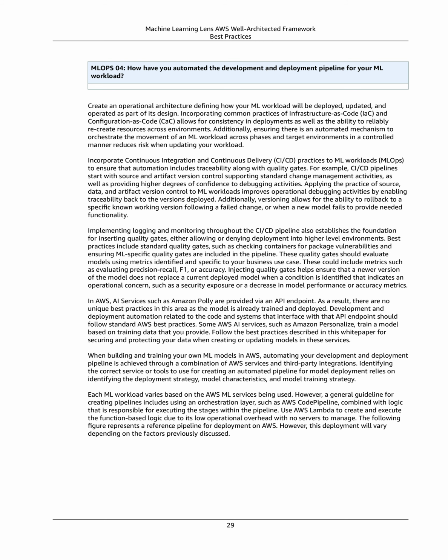When building and training your own ML models in AWS, automating your development and deployment pipeline is achieved through a combination of AWS services and third-party integrations. Identifying the correct service or tools to use for creating an automated pipeline for model deployment relies on identifying the deployment strategy, model characteristics, and model training strategy. Each ML workload varies based on the AWS ML services being used.